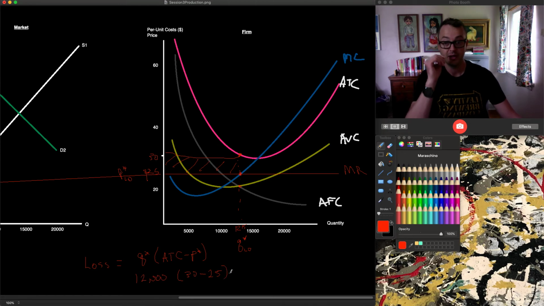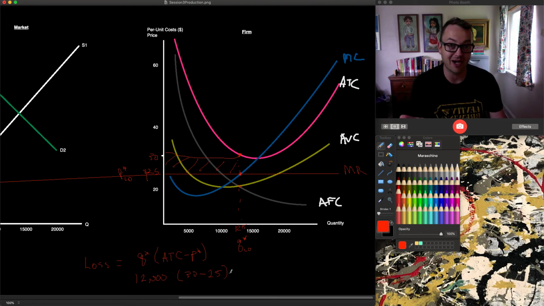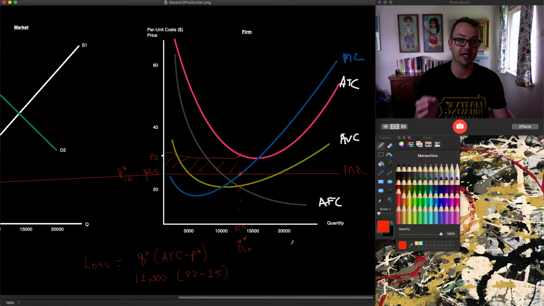So we're losing about $60,000. We have a loss of $60,000. We can maybe do that in the short run, but once our rents come up, we're not going to be able to do that anymore. So that's the summary of option 1.